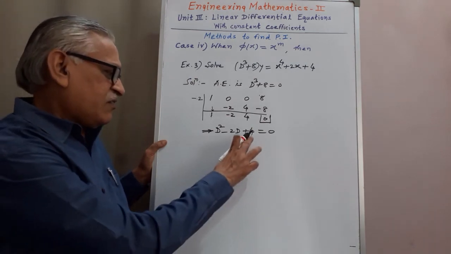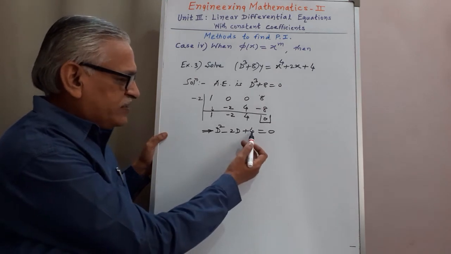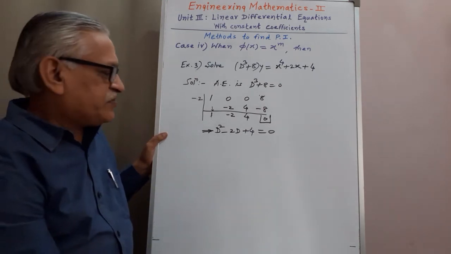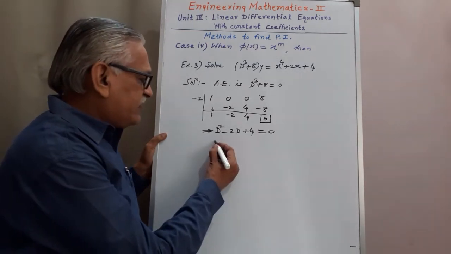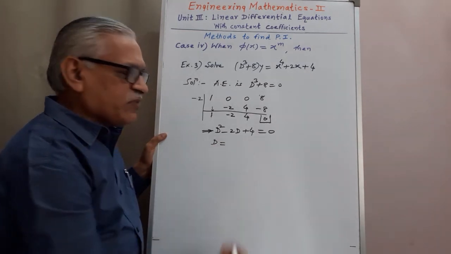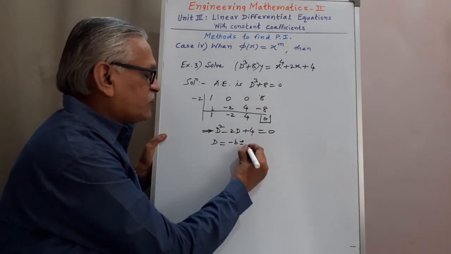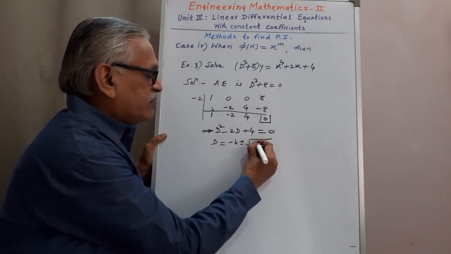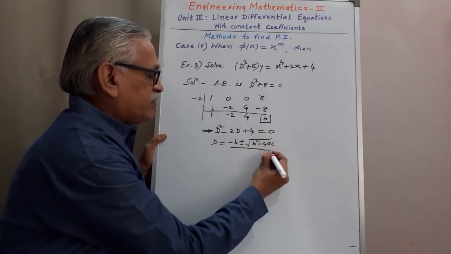Then we are not able to find the real factors of 4, so that the product is 4 and sum must be minus 2. Therefore we find roots by formula, minus b plus minus root of b square minus 4ac by 2a.